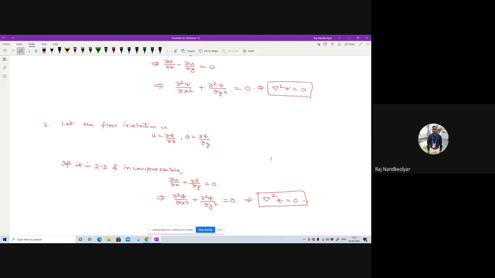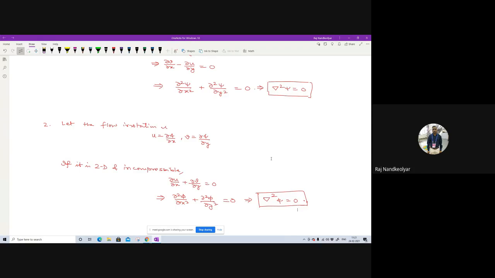Psi will satisfy Laplace's equation, and phi will also satisfy Laplace's equation. Is that fine? Further, the family of curves psi equal to constant and phi equal to constant intersect each other at right angles. Okay, so they are actually an orthogonal family of curves. These are the two important conclusions that we can conclude from today's discussion.